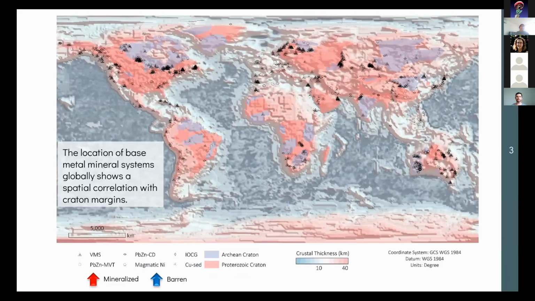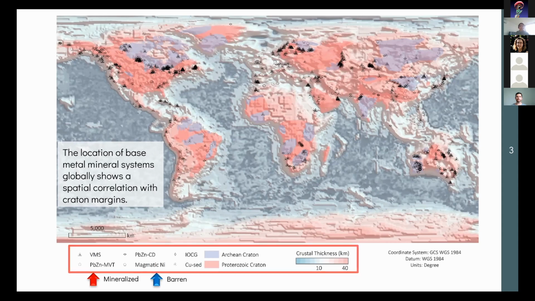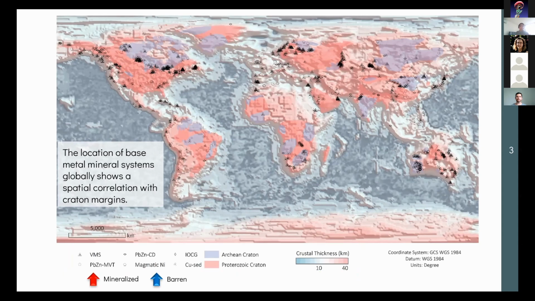So this map shows the location of Archean and Proterozoic cratons around the world. The background map is the crustal thickness, and the dots show different base metal mineral systems around the world.